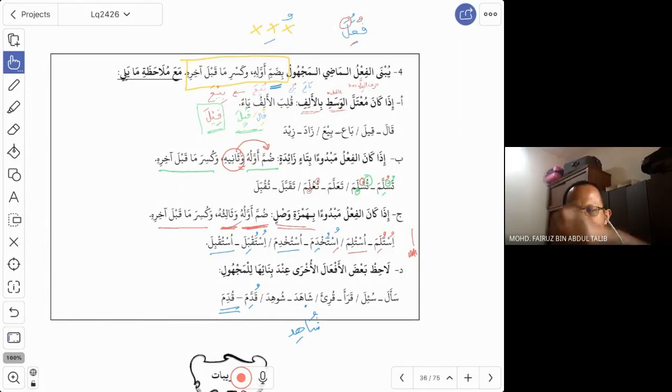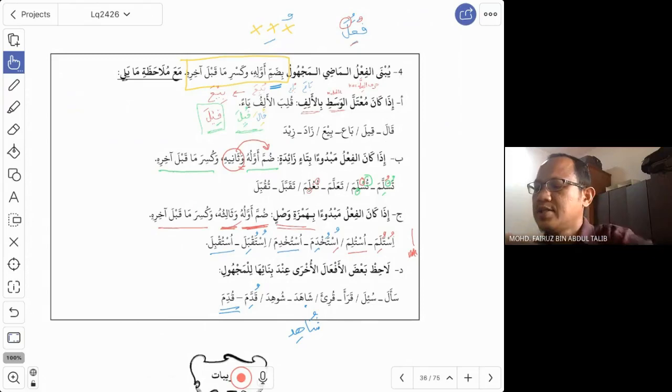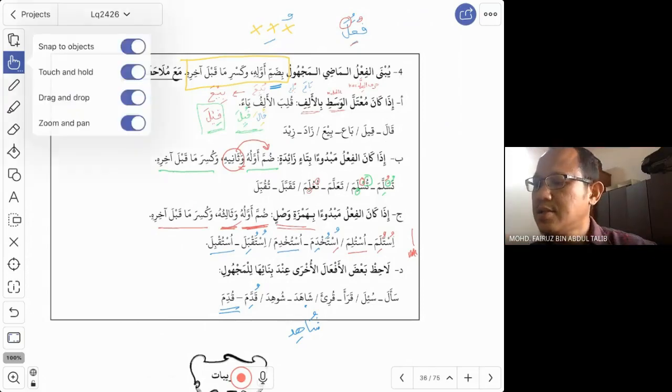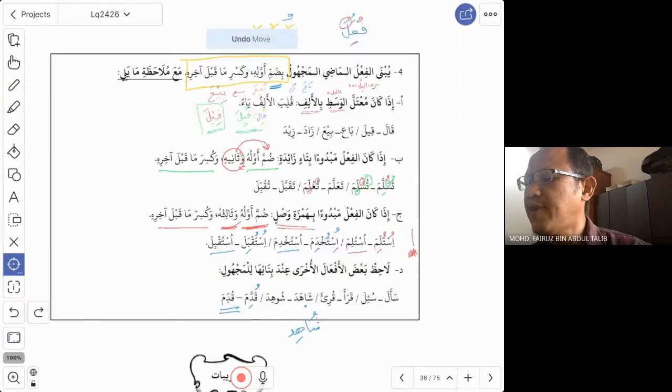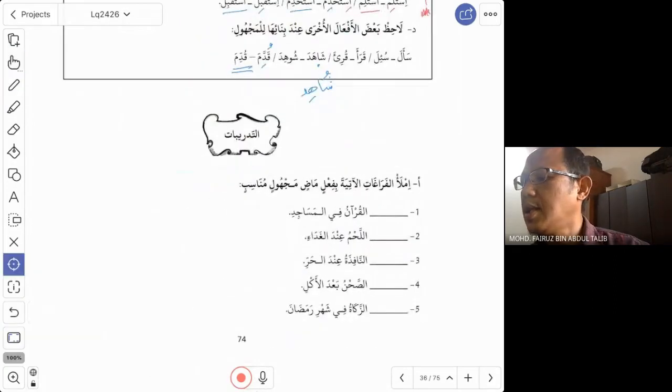So in the next class, inshallah, we will do the exercises. You can also try to look at all the exercises. So for example, here they say find mabni lil majhul. So they want you to find a suitable fi'il mabni lil majhul. So you can look at these exercises, find the fi'il, and then change it to mabni lil majhul. Okay, try it first.